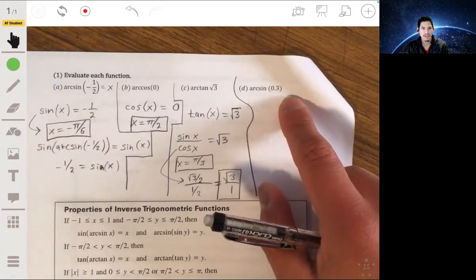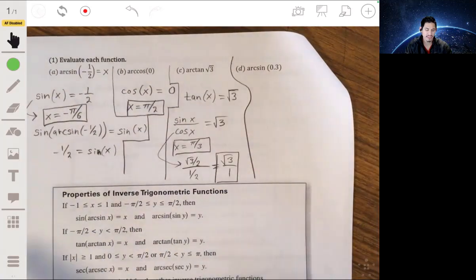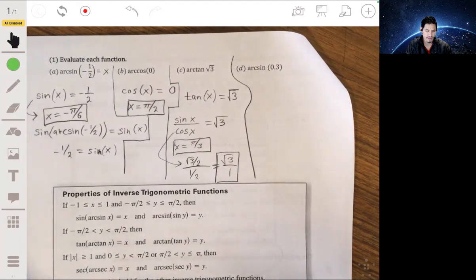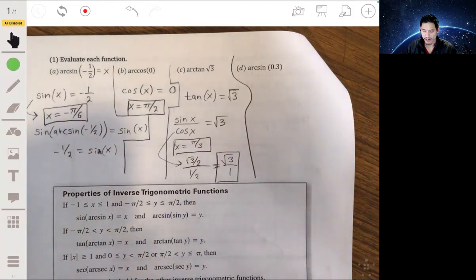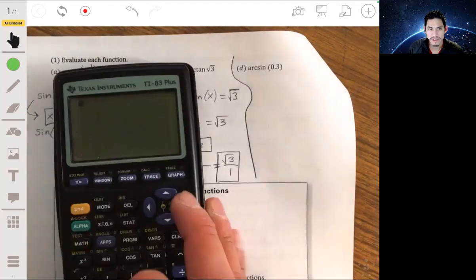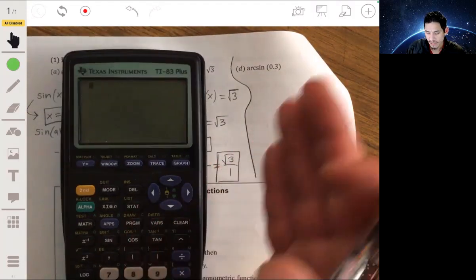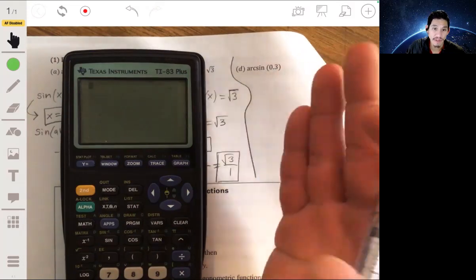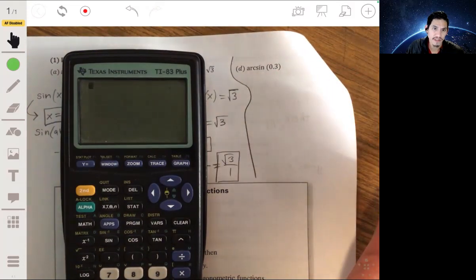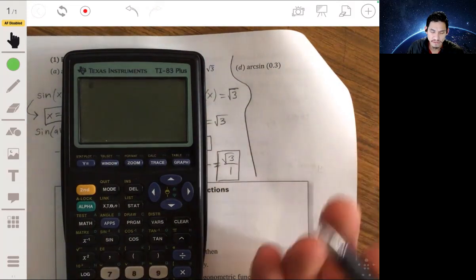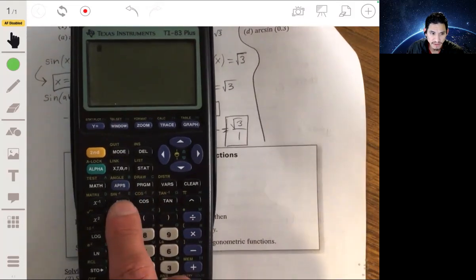All right, and the last one, the arc sine of 0.3. This is just an example of where you'll need your calculator. You can simply solve for it, because you're not going to have every point memorized on the unit circle. That's impossible. So let's look at our calculator. We have this inverse sine, or the sine with the -1.